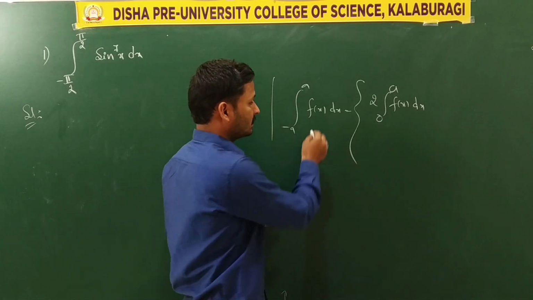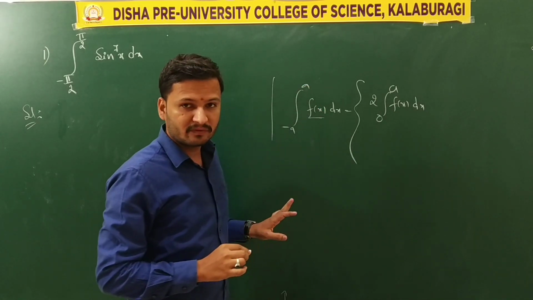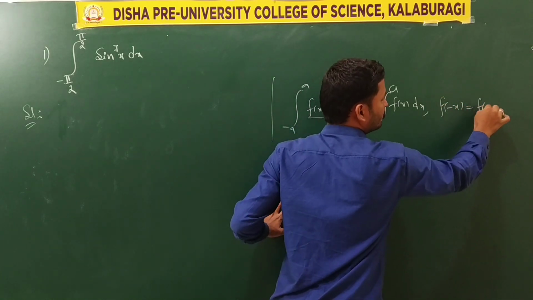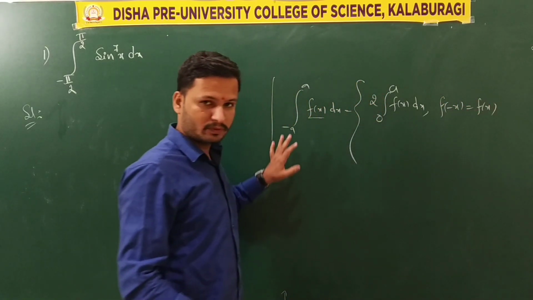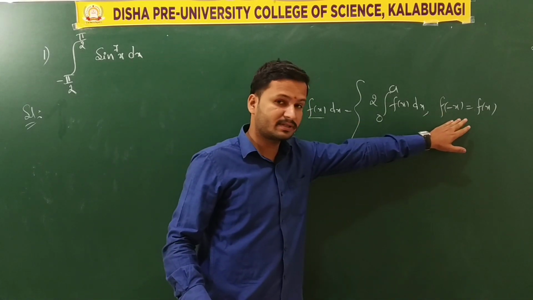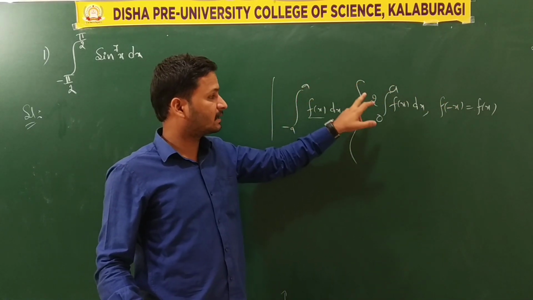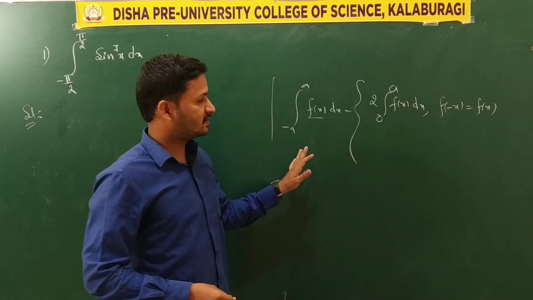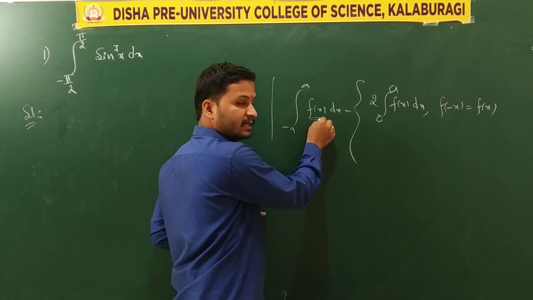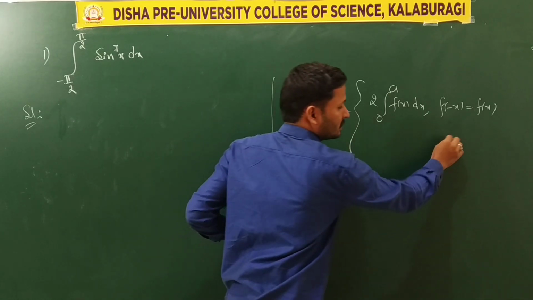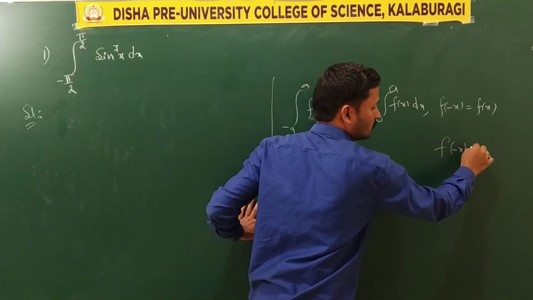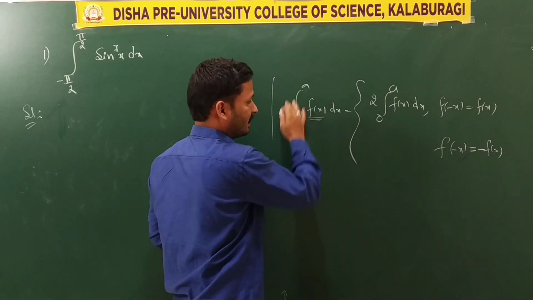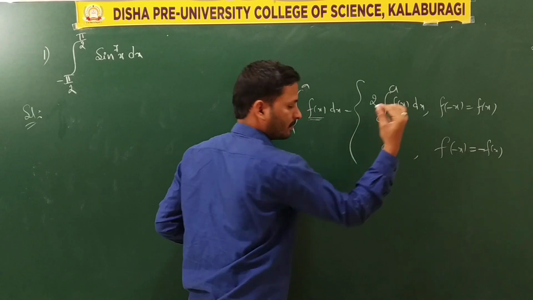If the function is even function, that means f of minus x is equal to f of x. Suppose the given function satisfies this condition, then the integral can be written as 2 times of 0 to a f of x into dx. If suppose the given function is odd function, that means f of minus x is equal to minus f of x, then the value of the integral is 0.